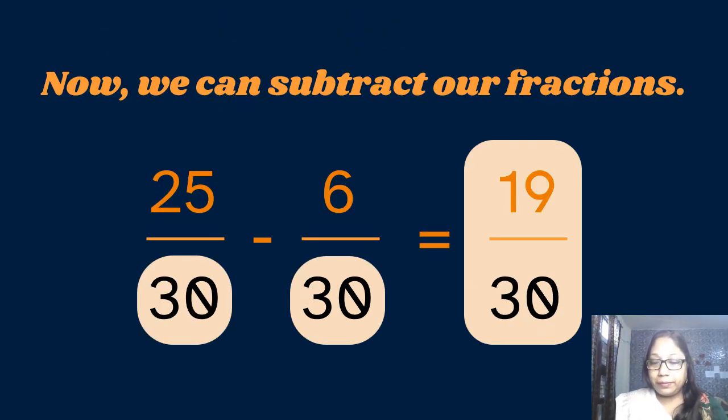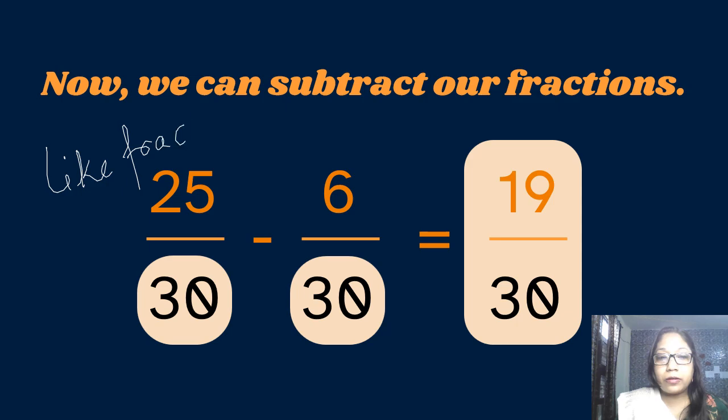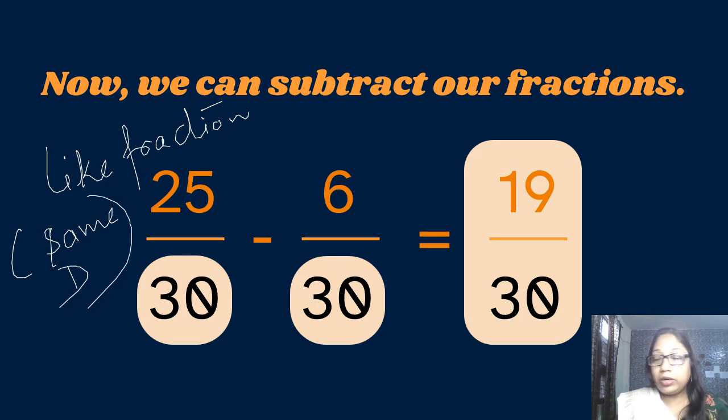Now we can subtract our fractions. How? 25 upon 30 minus 6 upon 30. Both are like fractions. Because it has the same denominator. Bottom part is same, right? Now, same procedure.